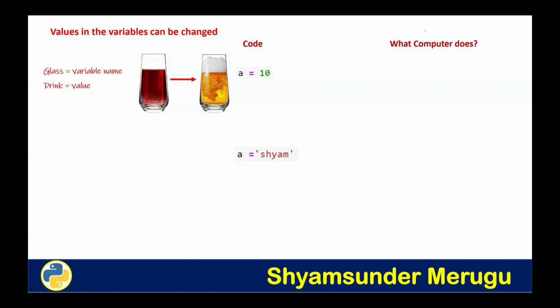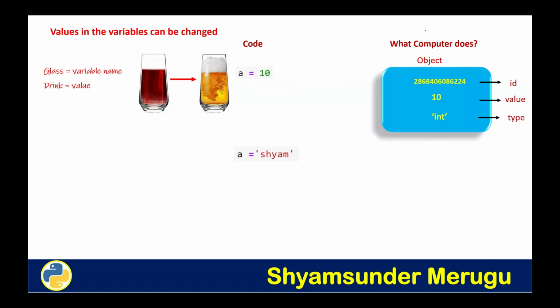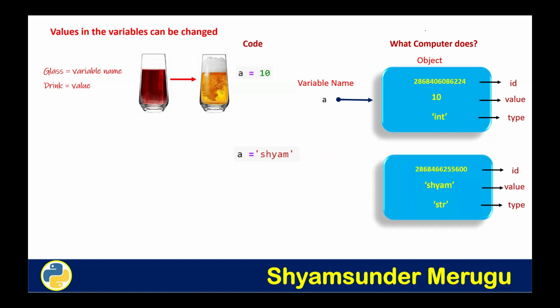Now when the value is assigned to a, at that moment the computer will create an object, and that object will hold the important information like ID, value, type, and it will be assigned to the variable name a. Now when the same variable a is assigned another value, what happens? It will create another object, having the important information like ID, value, type.